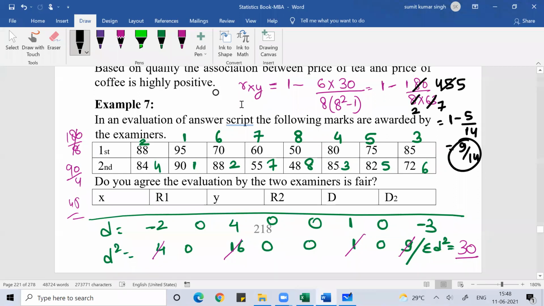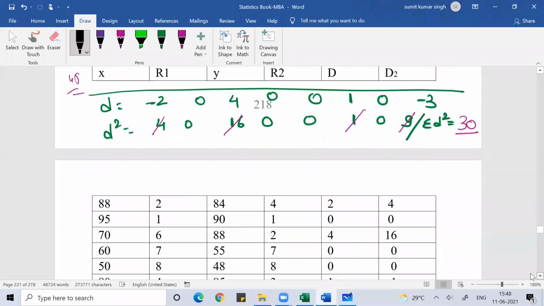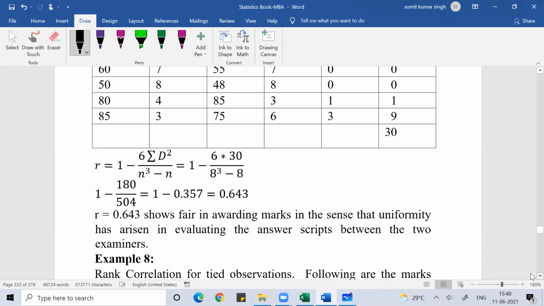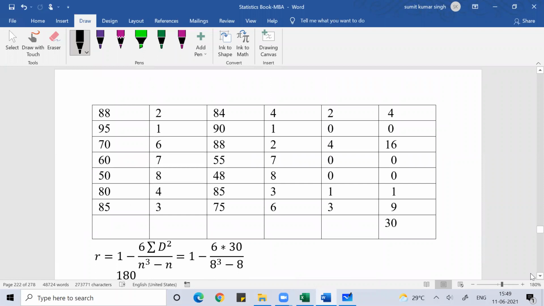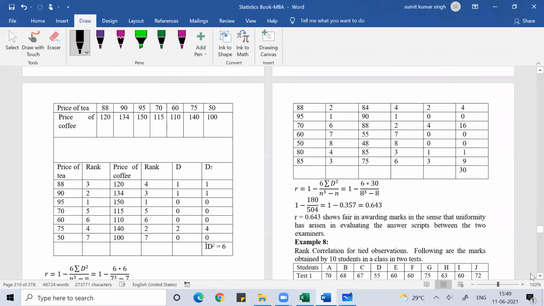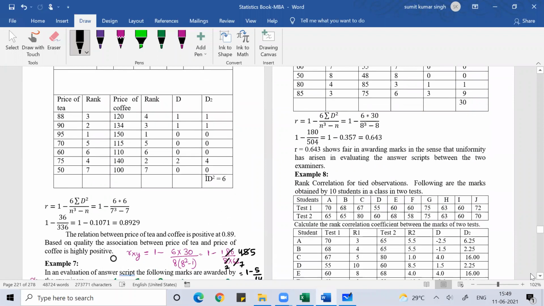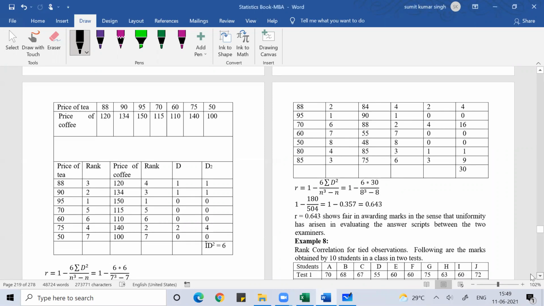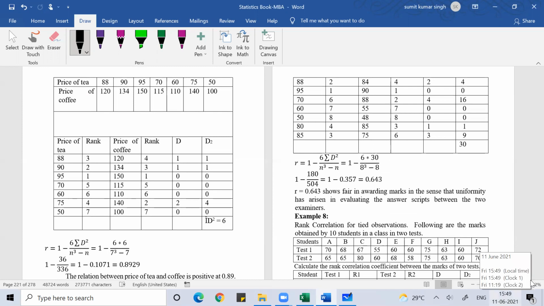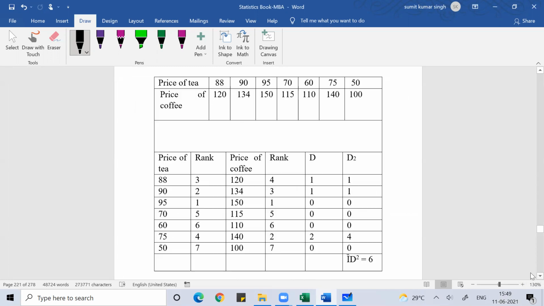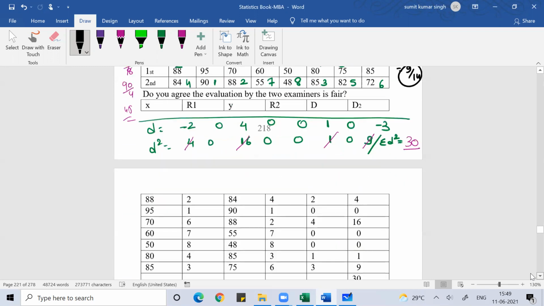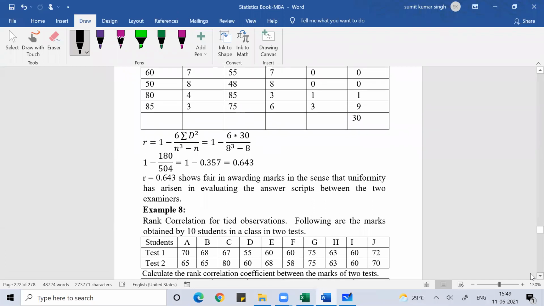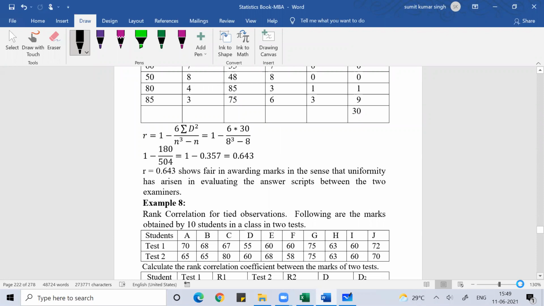Clear, everyone? Any doubt, anyone? You want to see the steps, you can see the steps, guys. Do this question, guys. Example 8.